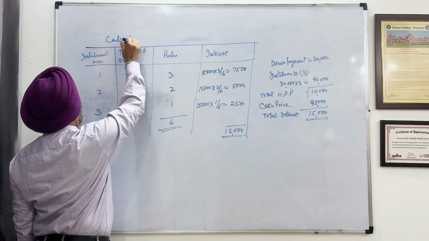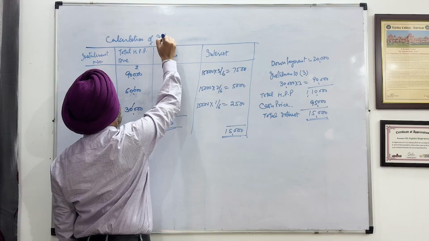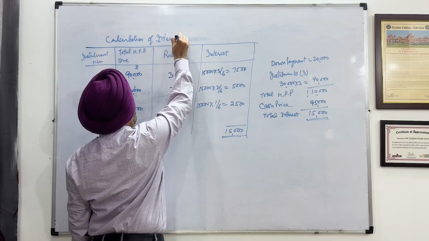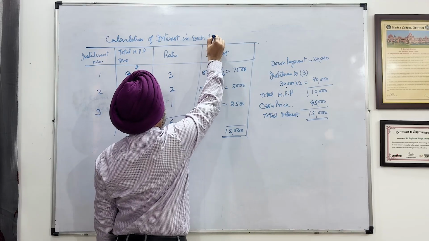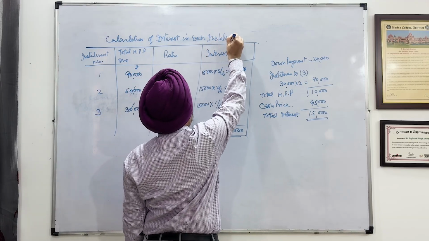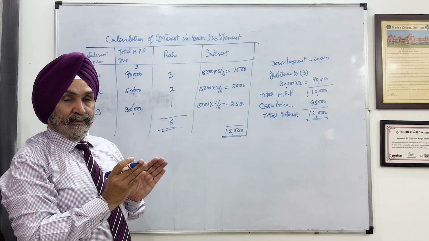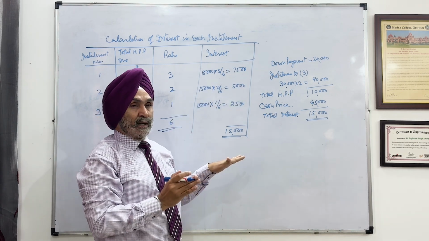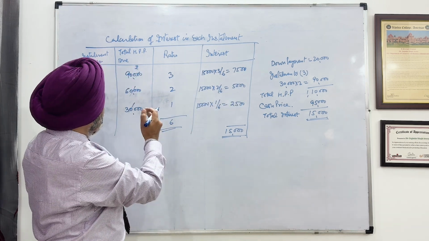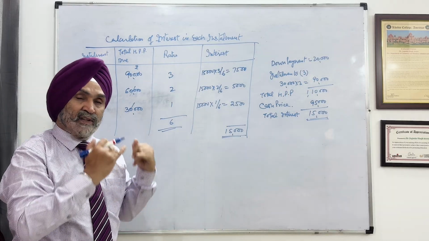So this is the calculation of interest in each installment. So this is how we calculate the interest included in each installment, and here the time gap between the installments was the same.